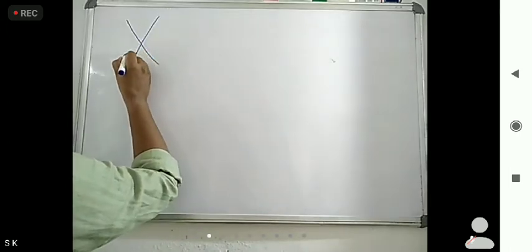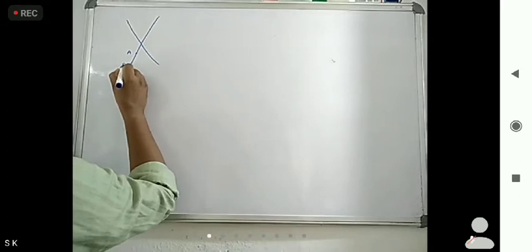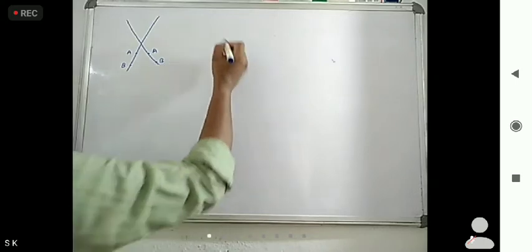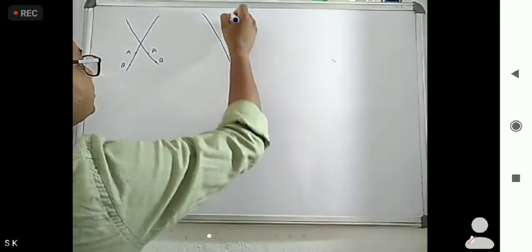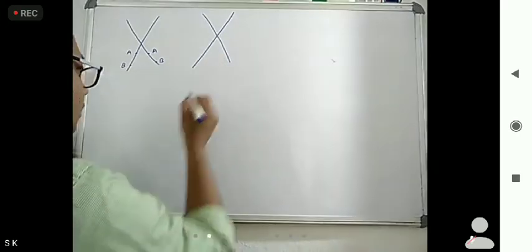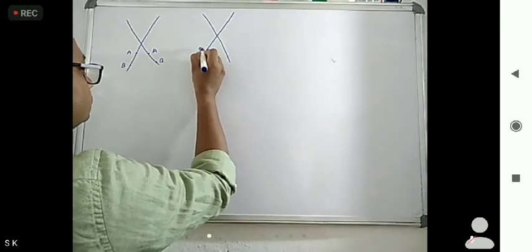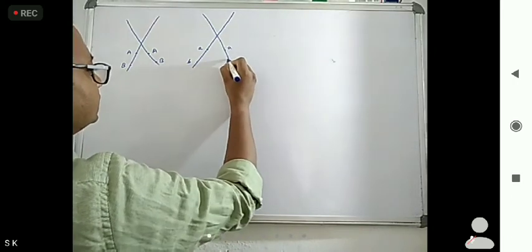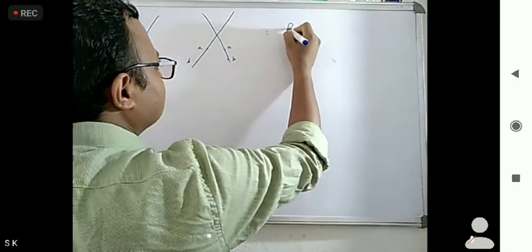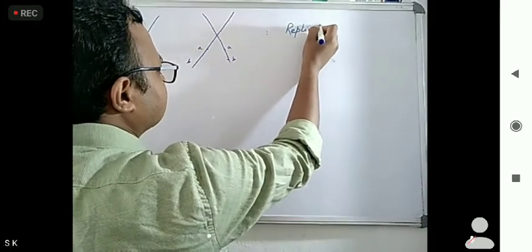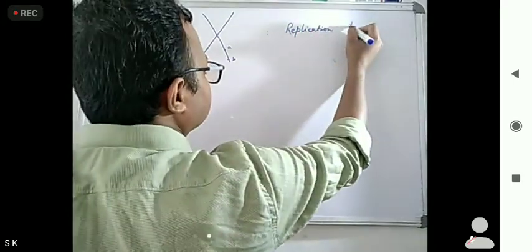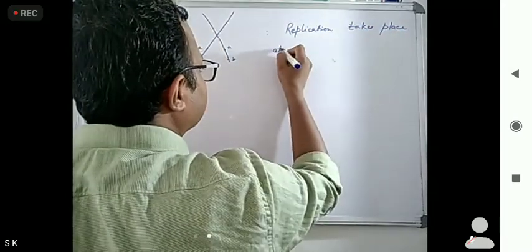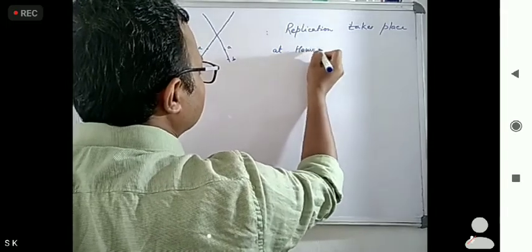So this is A, this is B. This one A, this one B. Similarly, their homologous chromosome is there, A, this is B, A, this is B. So here replication takes place at the homologous chromosomes.